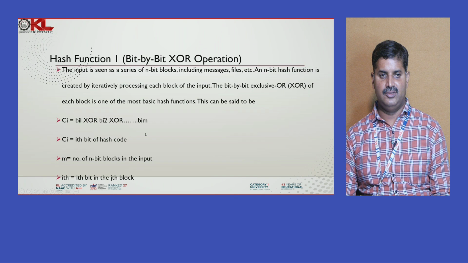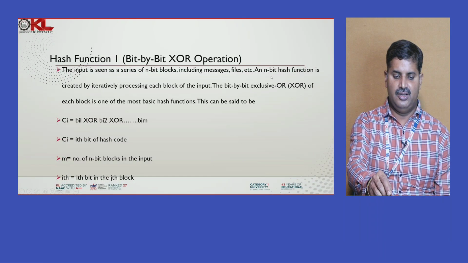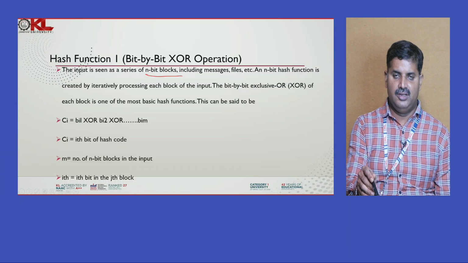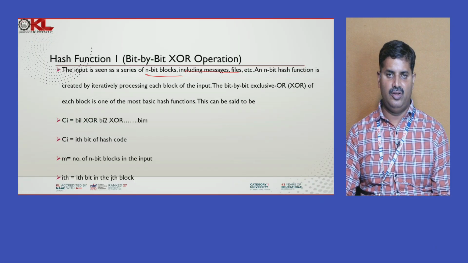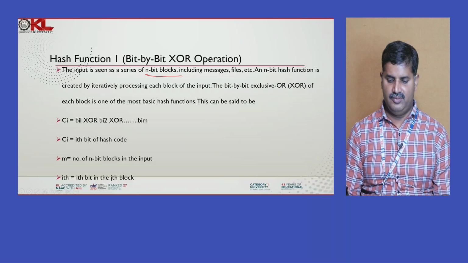Today's class is on hash function 1, the bit by bit XOR operation. Here the input is seen as a series of n-bit blocks, including messages, files, etc. In order to process the input, we need to understand how many blocks are available.